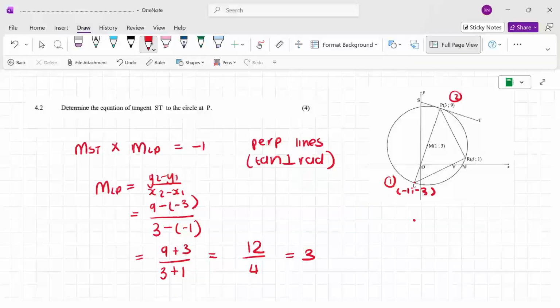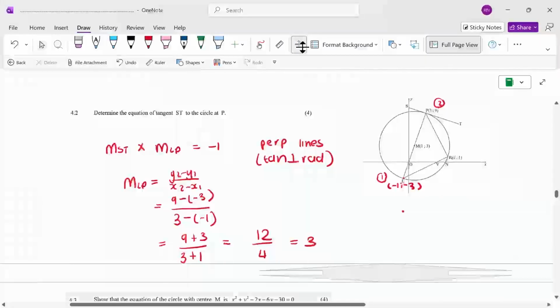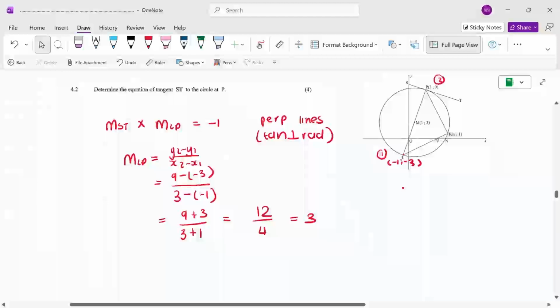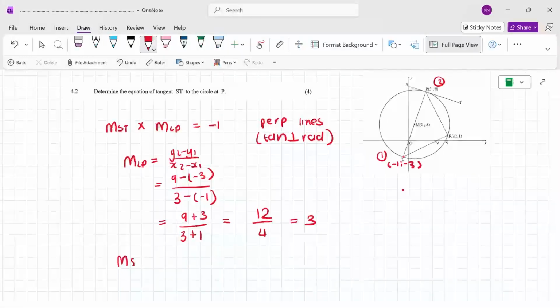And so if I want to find the gradient of ST, I'm going to multiply it by the gradient of LP. The gradient of ST multiplied by this 3 is supposed to give me -1.